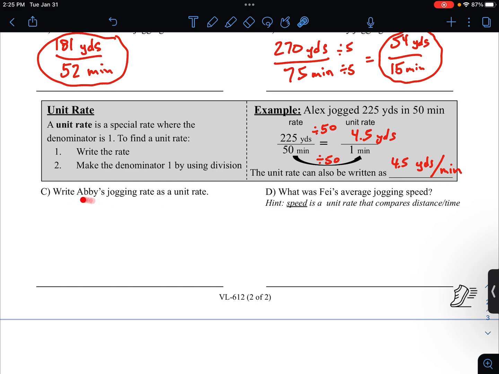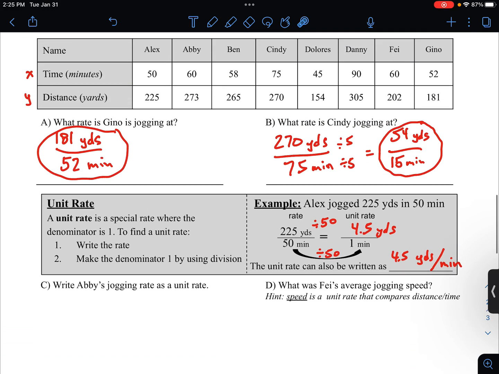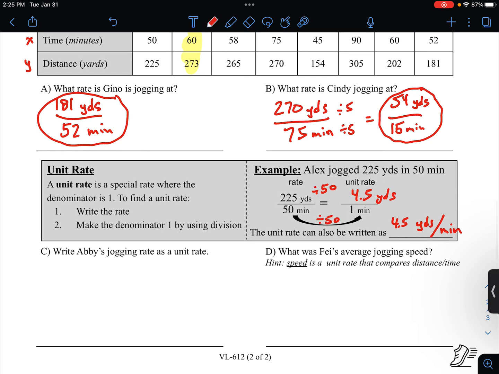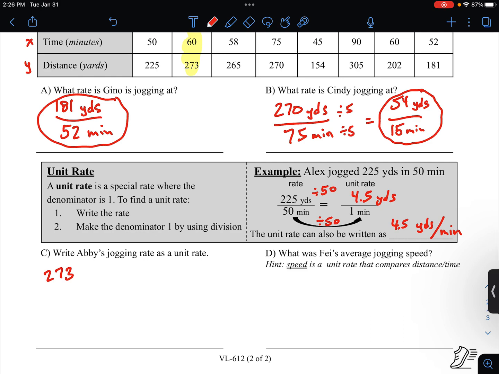All right, write Abby's jogging rate as a unit rate. So where's Abby? Abby is right over here. 60 and 273. So 273, remember we want the dependent variable, the y variable first. The distance, 273 yards for every 60 minutes. We need to divide the top and bottom by 60.